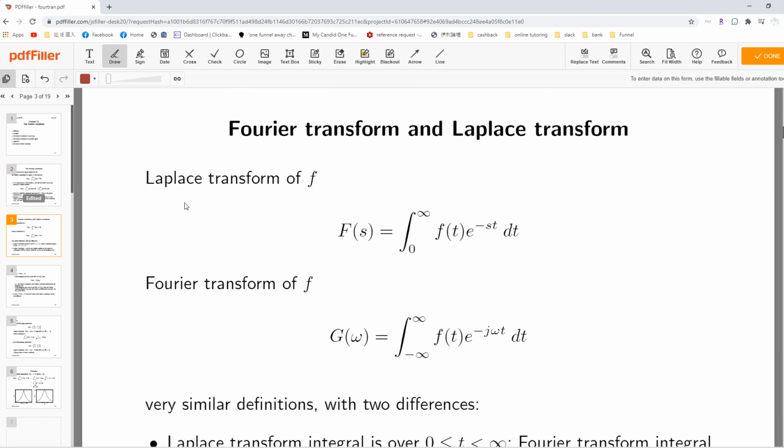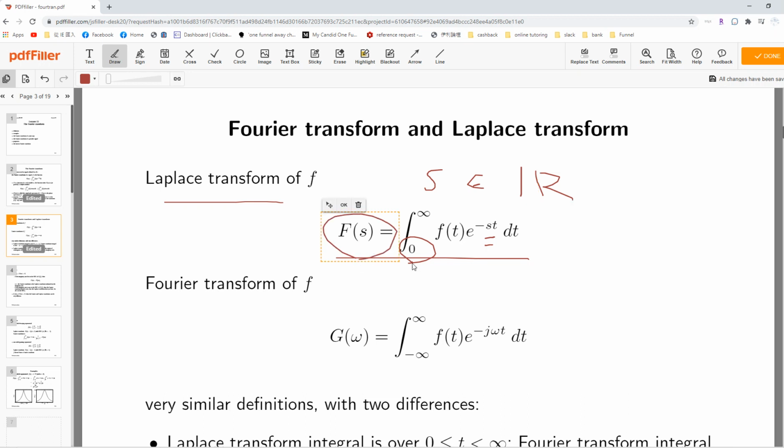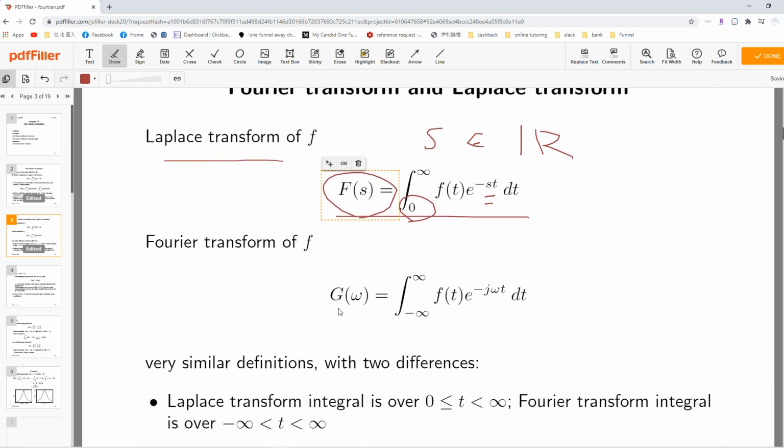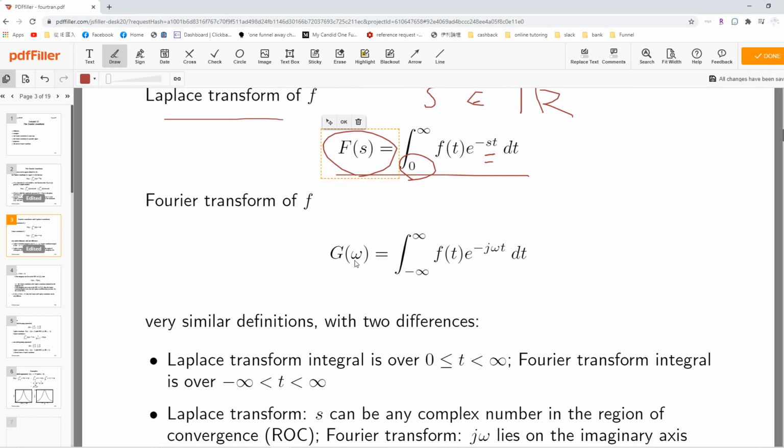Recall the Laplace transform is defined like this. The Laplace transform is only from 0 to infinity. So there are two differences, right? One is that the integral starts from 0 to infinity, and s is real. Remember that in the Laplace transform, s is real, but in the Fourier transform, in this case we use capital G, and this capital G is imaginary.